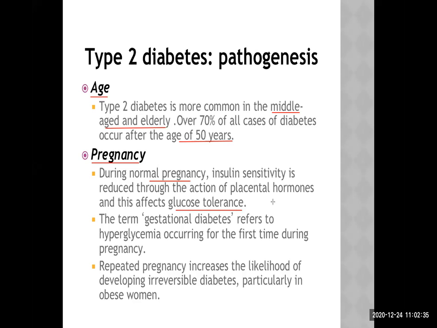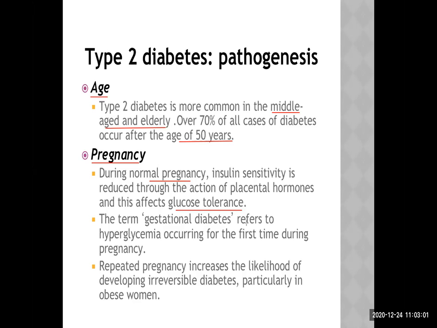Anyone? HPL. Very good. Human placental lactogen, HPL, is the one which is mainly related with insulin resistance.